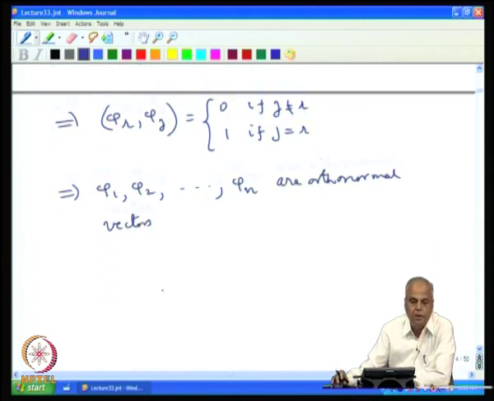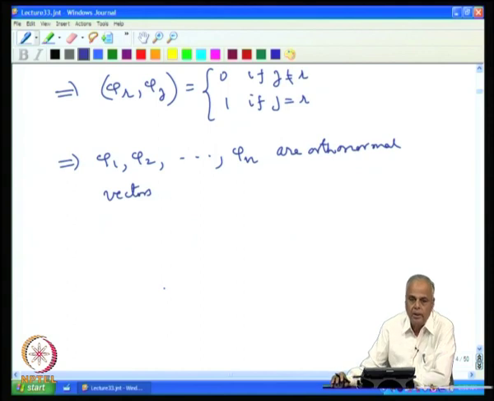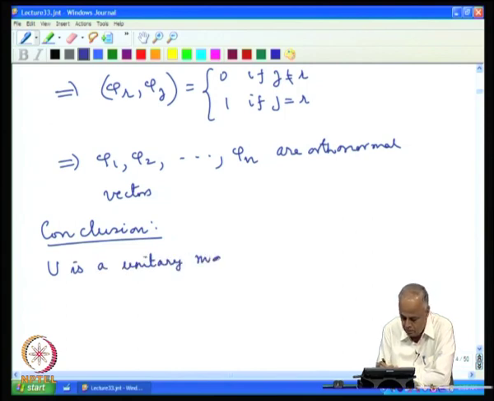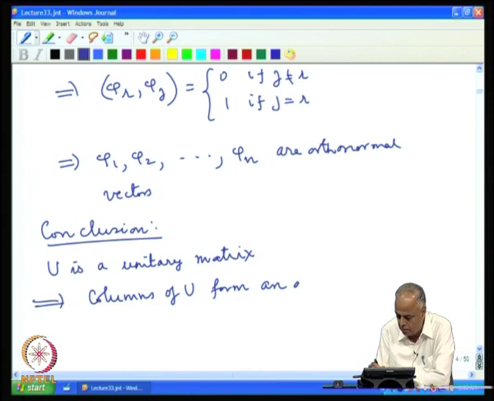Thus, we see that if U is unitary, then the columns of U form an orthonormal set. So, what is the conclusion? The conclusion is U is a unitary matrix implies the columns of U form an orthonormal set.